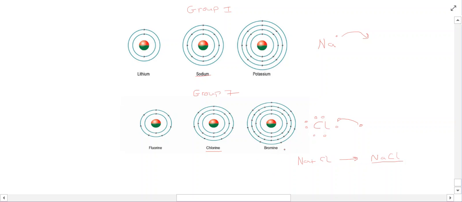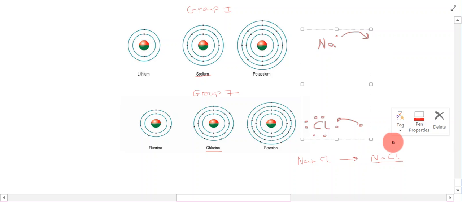So what's actually happening here? Well, if we look at it from an electronic structure point of view, you have sodium, maybe I'll do it up here. Let's get rid of these two for the time being, so we have a bit more space to work.